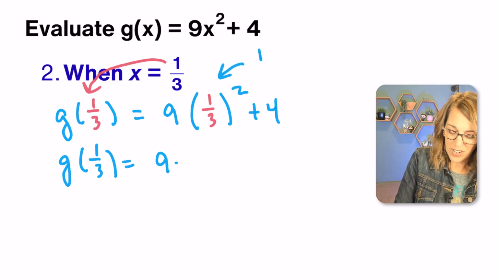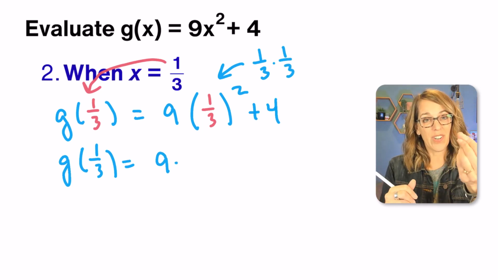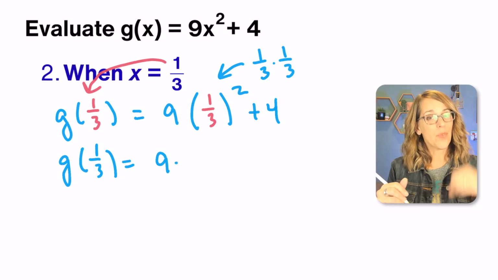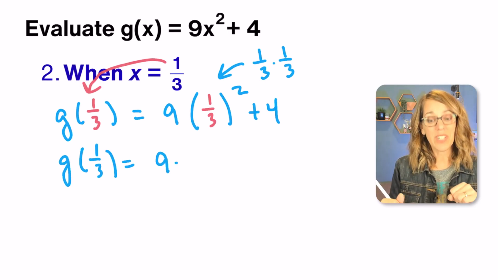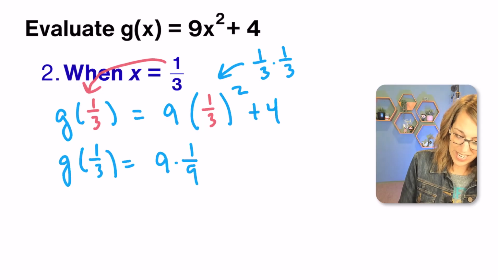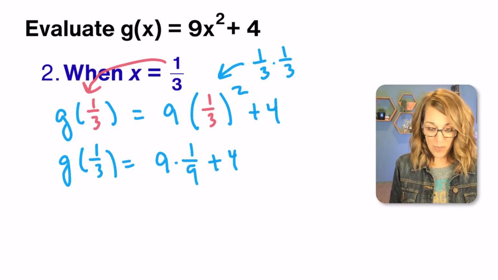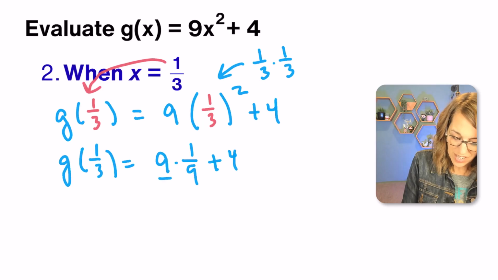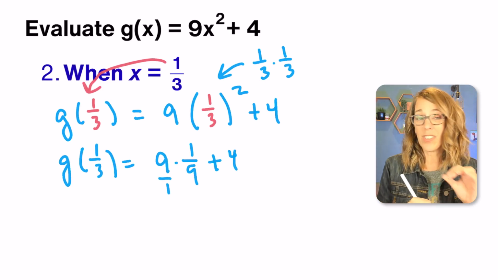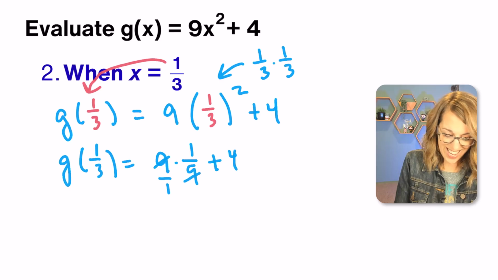When I square that 1/3, it's a 1/3 times a 1/3. Or you can think of this as squaring the numerator, which gives me 1 times 1, and squaring the denominator, which gives me 3 times 3. So I end up with a 1/9 here plus 4. So simplifying this output, I can actually use a 9/1 just instead of that 9. And I can see now that these 9s cancel.